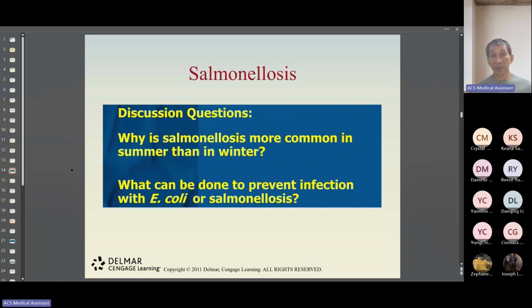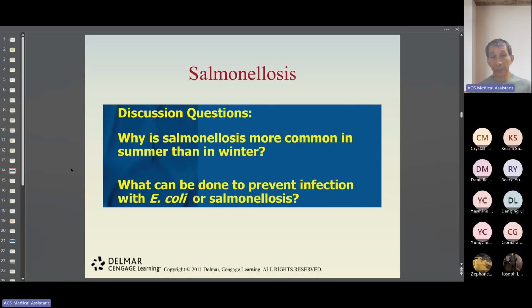Don't eat things that are raw, particularly untreated, undercooked. That's the only way.